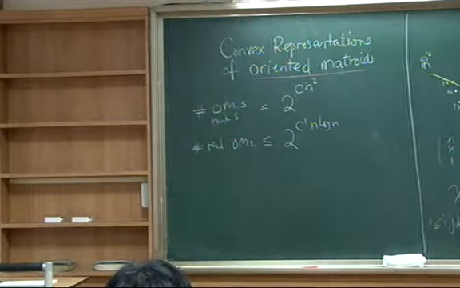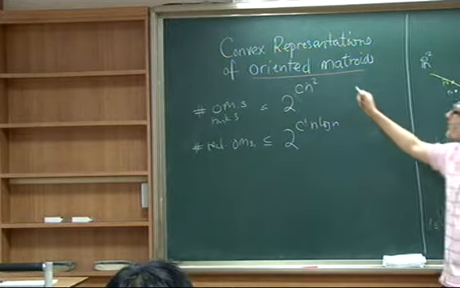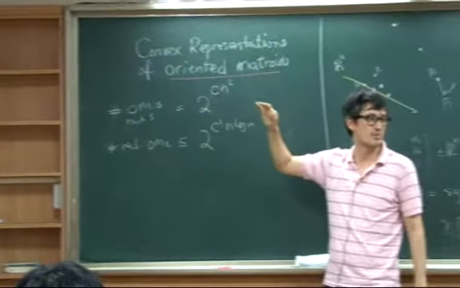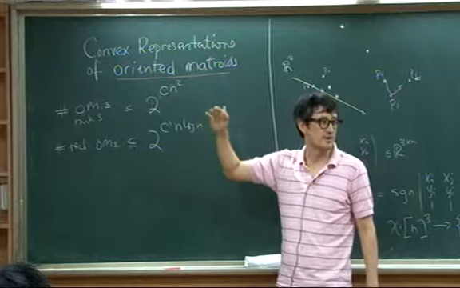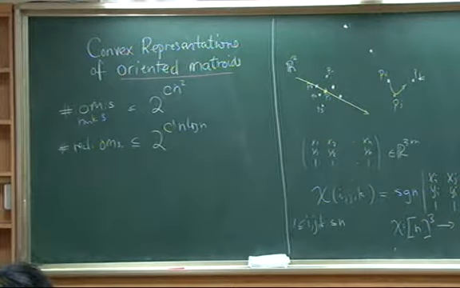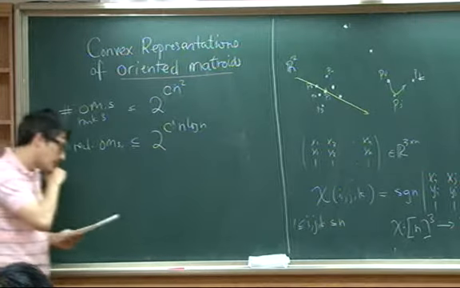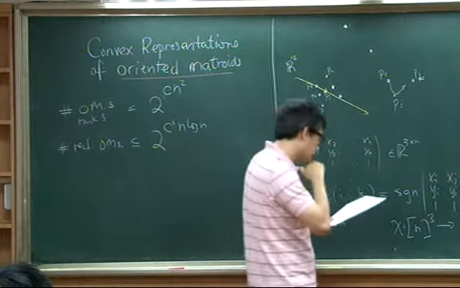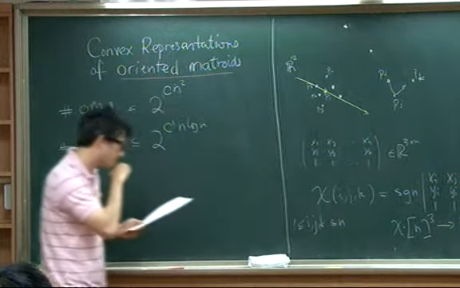And another reason that people want to count these is that there's some direct relation between these things and convex polytopes, and counting how many different combinatorial types of convex polytopes there are.